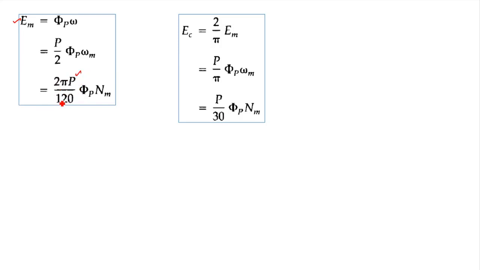P is the number of poles, and N_m is the speed of rotation of the coil in RPM, rotations per minute. This E_c is nothing but the average voltage when we use the commutator segment.